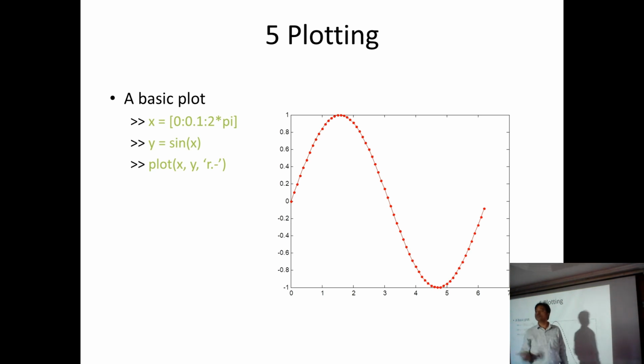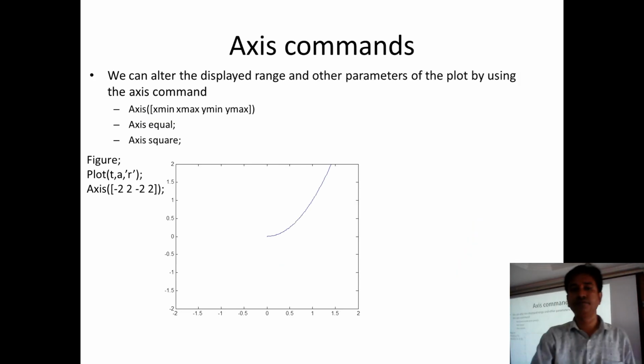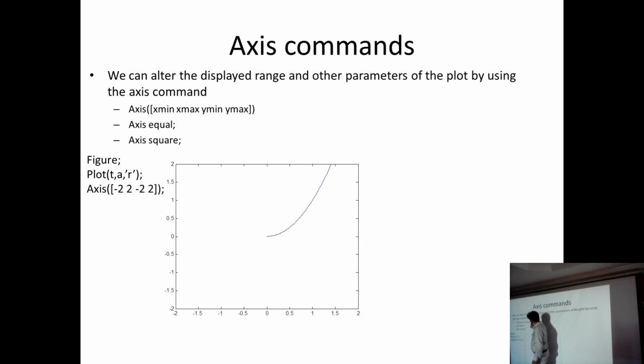What I can do is I can use the command called axis. Axis, parenthesis, square brace, x min, x max, y min, y max, close it. That means what is the range of the x-axis to be plotted, what is the range of the y-axis to be plotted, you cut it down. For example, minus 2 to 2, minus 2 to 2. That means x from minus 2 to 2, y from minus 2 to 2. Look at the plot.